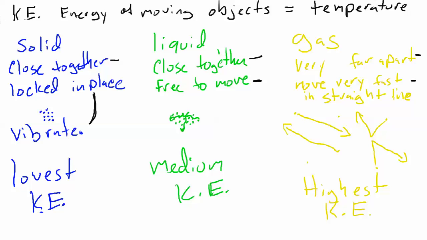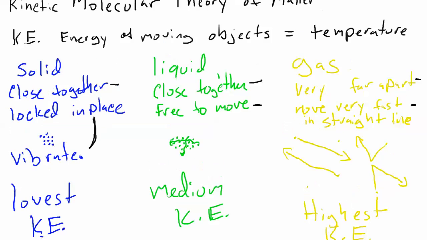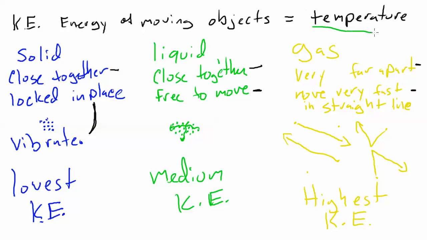And that should make sense because, again, we said that kinetic energy is tied to temperature. So if you don't change the type of matter, as the temperature increases, the kinetic energy of the particles increases, and you would expect the phases to shift from solid to liquid to gas. Like if you think about water, if it's cold enough, it will start out as a solid.